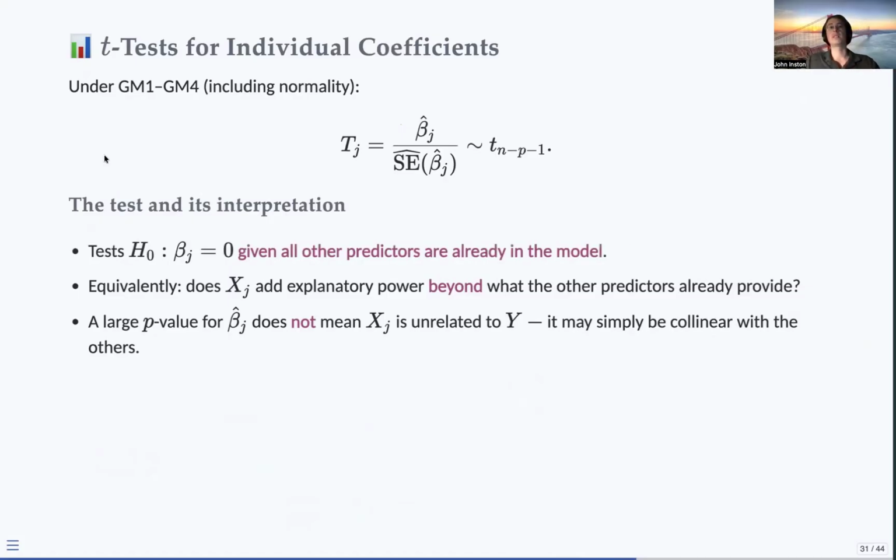So, t-tests for individual coefficients. What we've just shown, going through this process of finding estimates for the variance, the standard error, and the location, is essentially so that we can define the translation we need to move in order to get to the t-test, the t-distribution test.